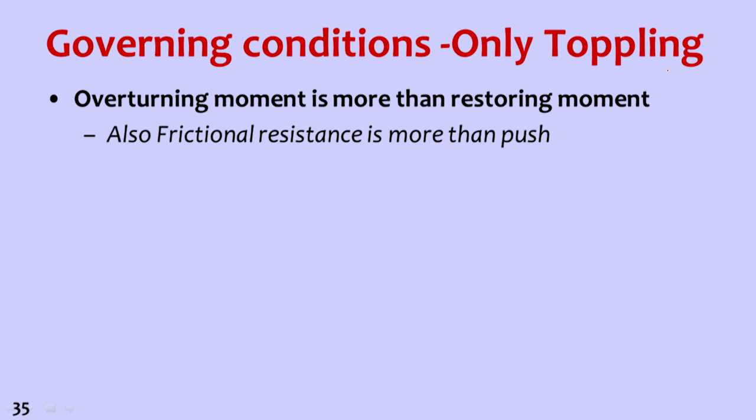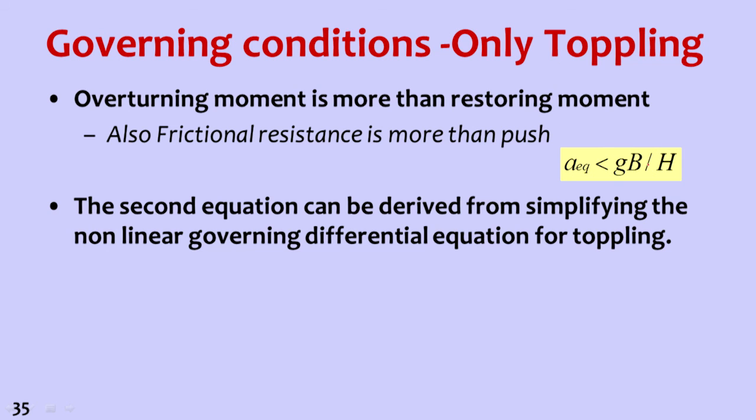And the third one is toppling. In toppling, overturning moment is more than restoring moment. Also frictional resistance is more than push. So in that case, the peak acceleration is less than gravity times aspect ratio, b by h. The second equation can be derived by simplifying the nonlinear governing differential equation for toppling.